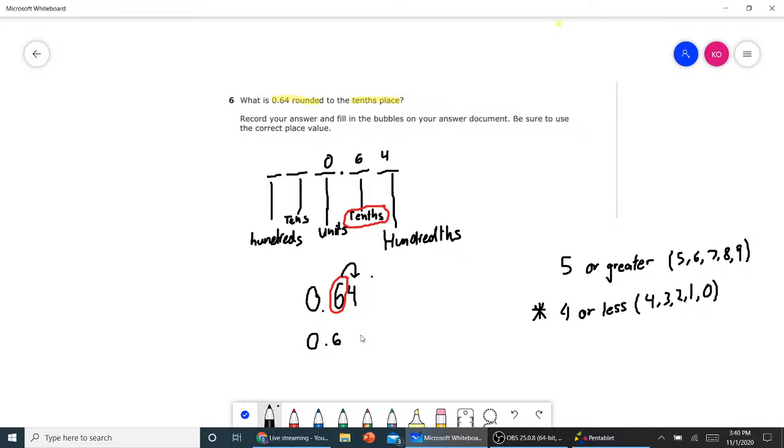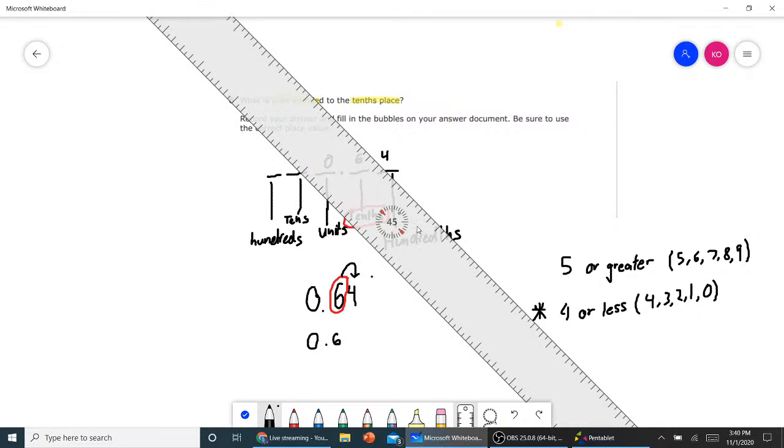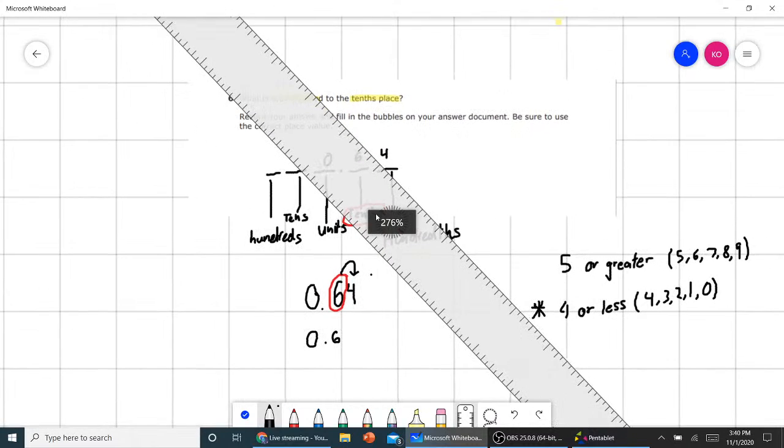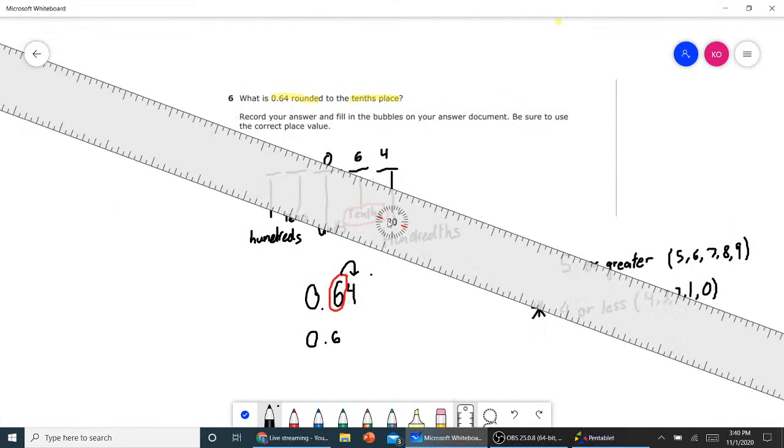And if you want to see it in another way, and if you can't remember this, let me draw a number line. You can just draw a number line right here.